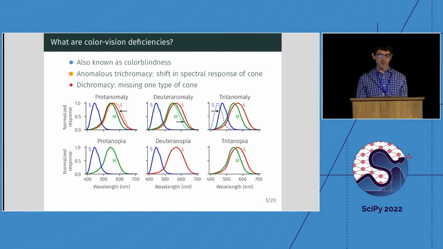These represent spectrums that correspond to different shifts in the spectral response. So if we look at the limits, if we start out with just no shift, that is obviously just typical color vision. But if you look at the other extreme where you shift the response all the way to match the response of the adjacent cone, you have dichromacy, which is the missing of one type of cone, which is shown in the bottom row.